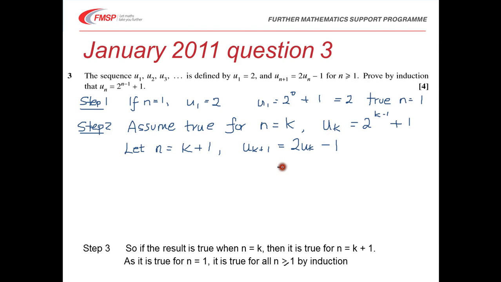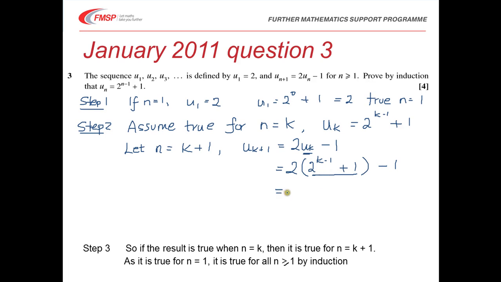But we know from up here we have got an expression for u of k which we've assumed to be true, so I'm going to substitute that in. So instead of having u of k, I'm going to have 2 to the k minus 1 plus 1. And then we've got a minus 1. So I have replaced u of k by that.